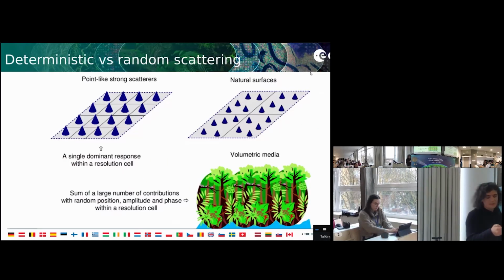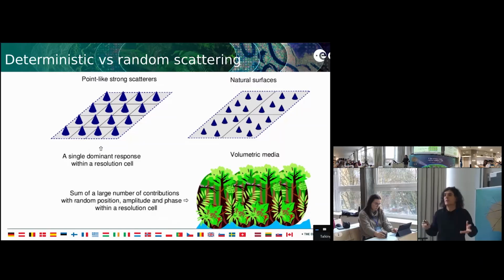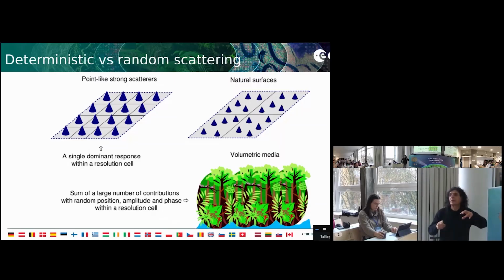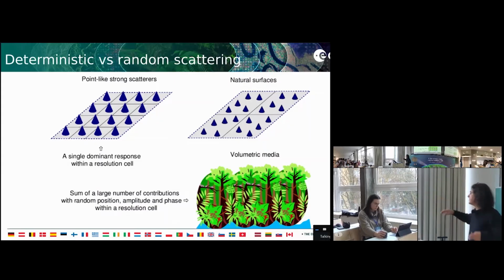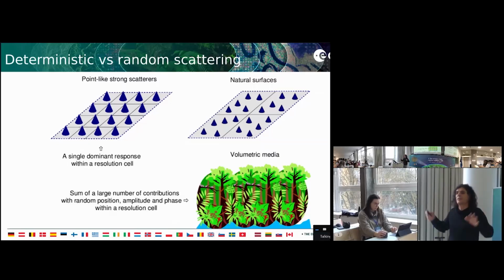In SAR, you don't have speckle everywhere. You have speckle over most parts of an image, but not everywhere. In some special cases, you have one big scatterer inside one resolution cell. Let's say you are measuring this city, and you have a big building with a metallic balcony, which will respond with a very strong response, much larger than the one from the surrounding scatterers.